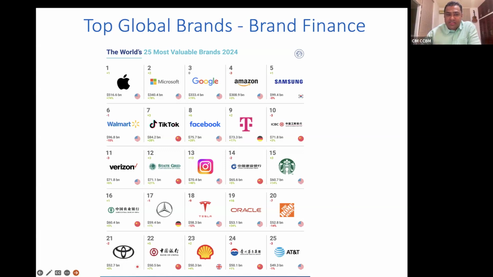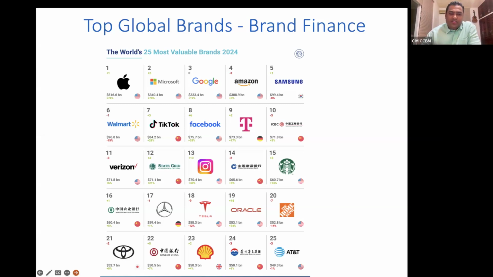You can see ICBC, TikTok, State Grid, and then the China Construction, whatever. I don't know what that company is. So there are many banks, many large companies here. Bank of China, right?